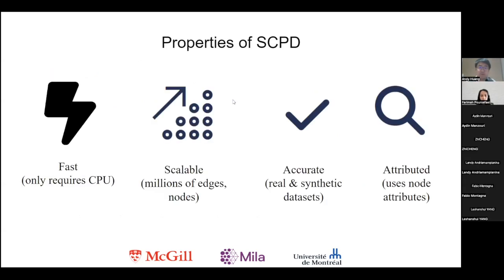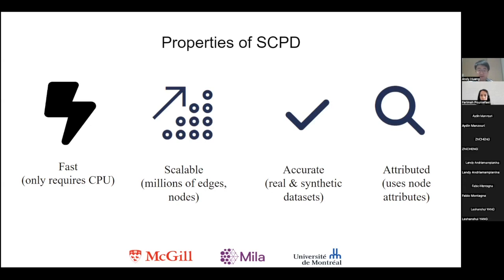And for the conclusion, for the different properties of SCPD, it is very fast and only requires CPU. So, if you are exploring some temporal graph data set, I recommend trying it out and seeing what kind of results you can get. This is also very scalable.